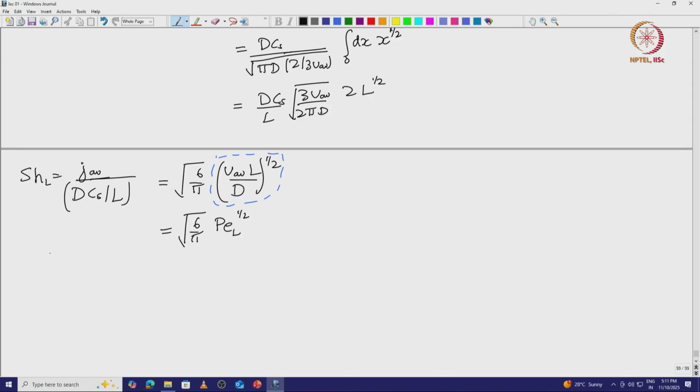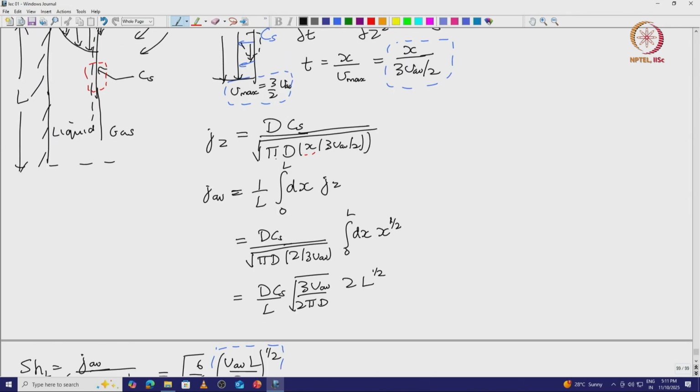I should note that it matters what length scale you use. If you happen to use the height as the length scale, then you would get a different answer.